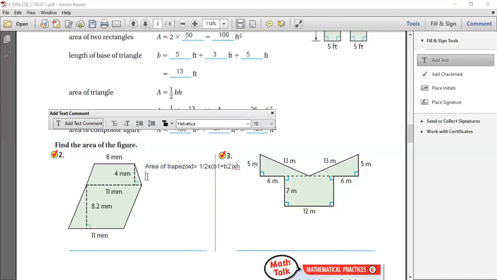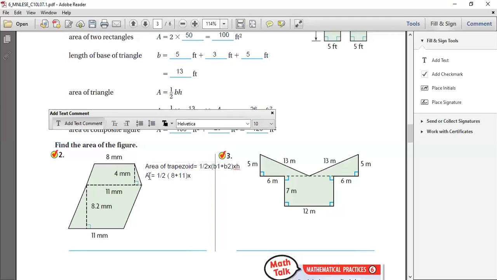So the area is equal to half multiplied by, in brackets, base 1 which is 8 plus 11, multiplied by the height, which is 4.